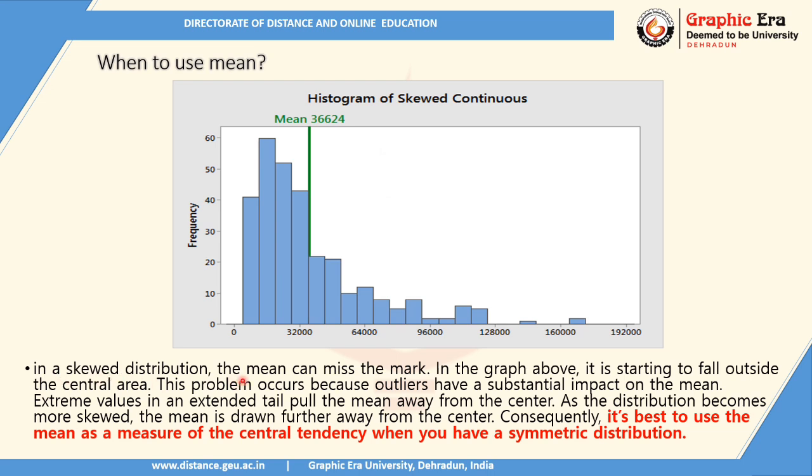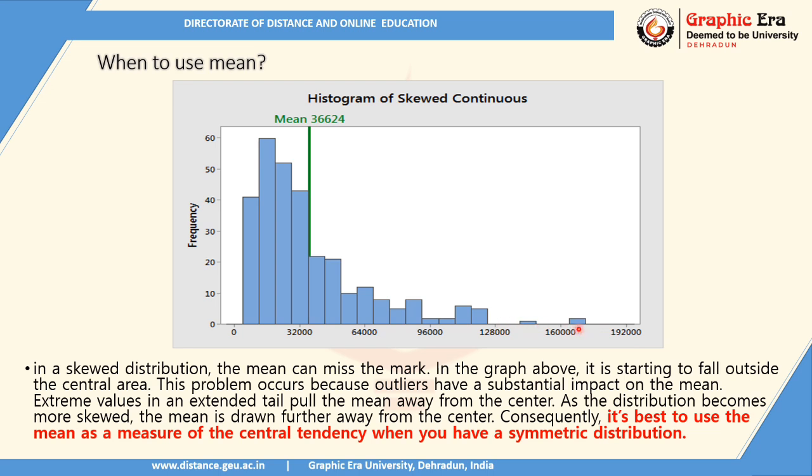In a skewed distribution, the mean can miss the mark. In the graph above, it is starting to fall outside the central area. This problem occurs because outliers have a substantial impact on the mean. Extreme values in an extended tail pull the mean away from the center.